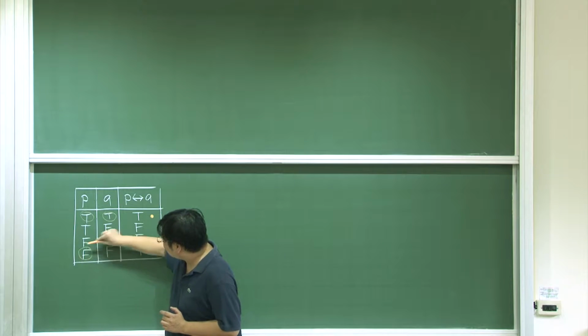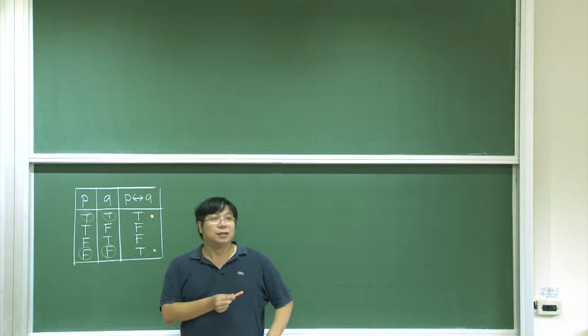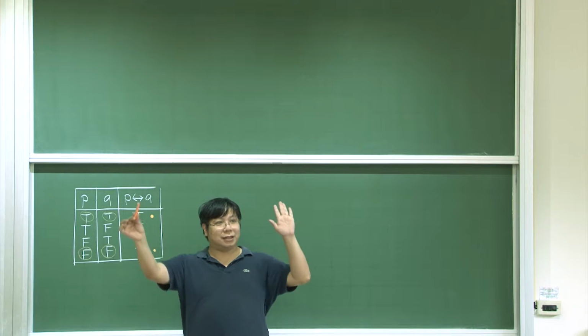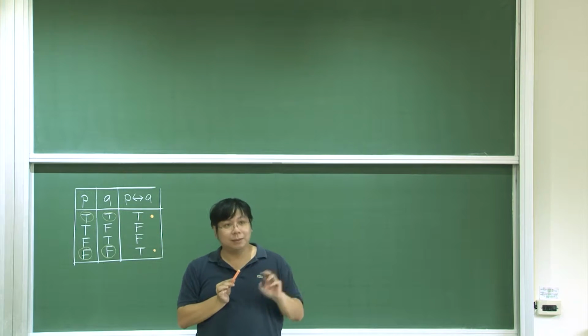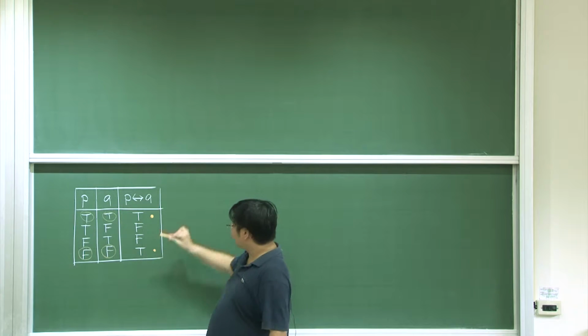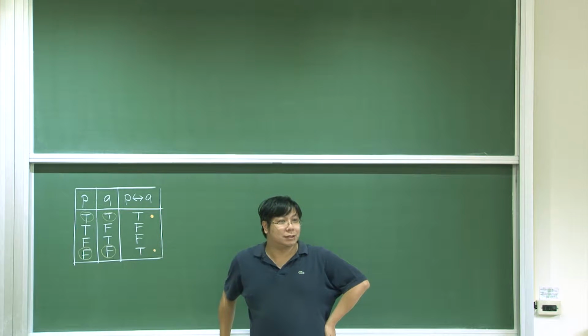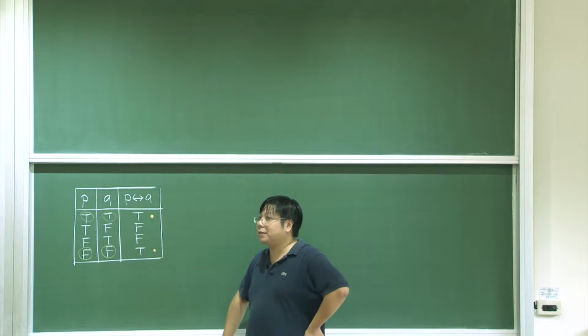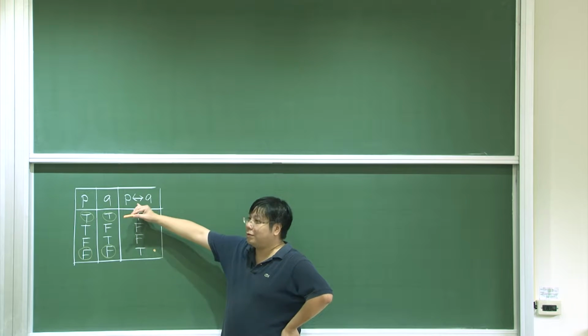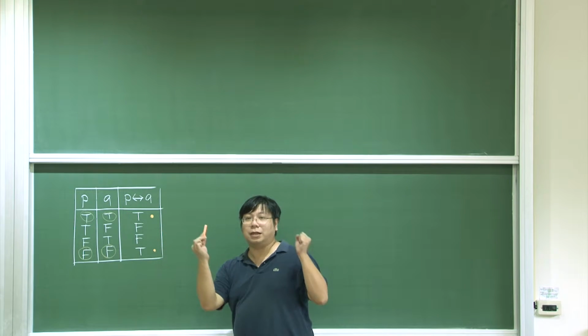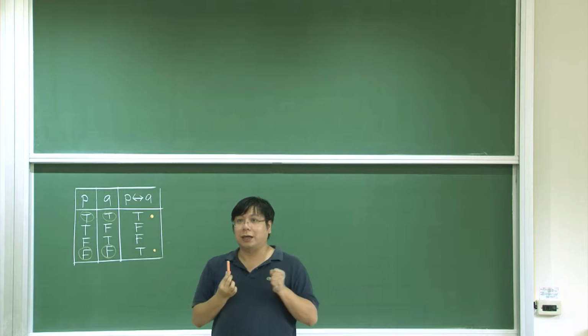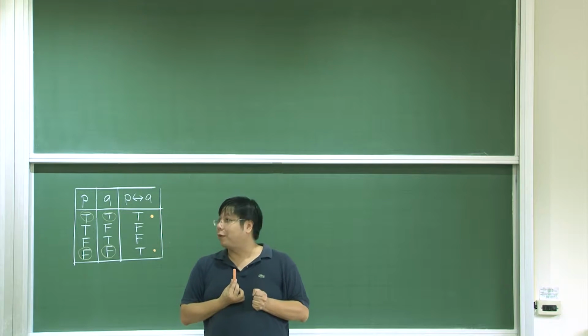And then this and this are the same. So when the left-hand side and the right-hand side are the same, they have the same truth value, then the result will be true. Otherwise, it is false. Okay? So this gives us some way to memorize this symbol. This symbol means the left-hand side and the right-hand side. If they are equal, then we get a true. Otherwise, we get a false.